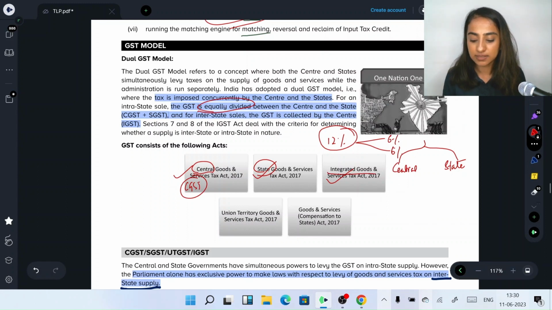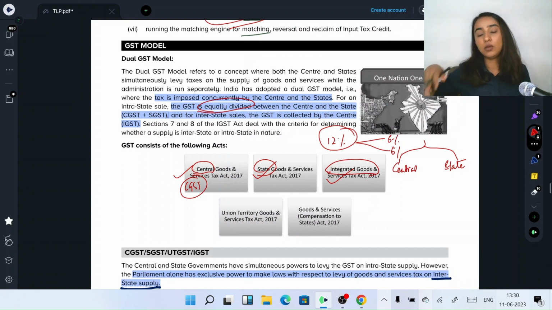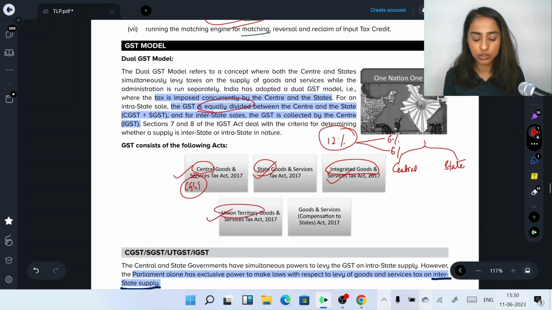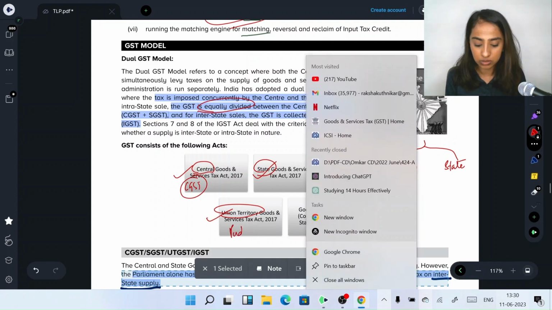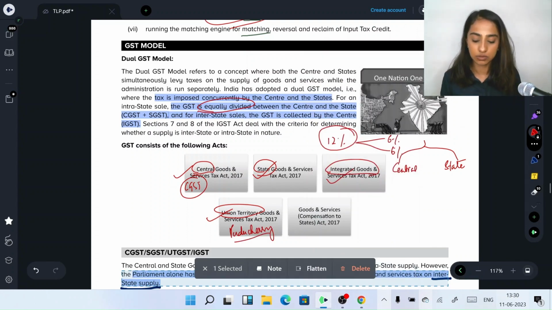Integrated goods and services tax comes when you're doing interstate supply, in the sense that whatever is not within my own state is an interstate sale, and when you do interstate sales, integrated goods and services tax will be levied. Then Union Territory Goods and Services Tax, because a union territory is not a state. Puducherry is not a state, so Puducherry will have UTGST.